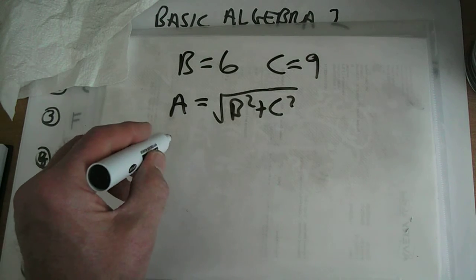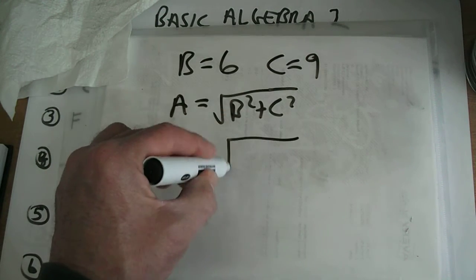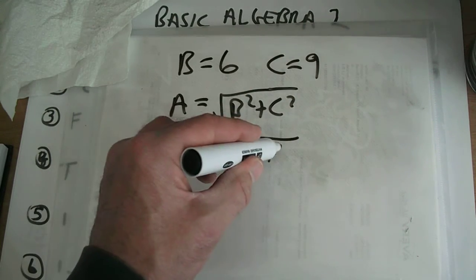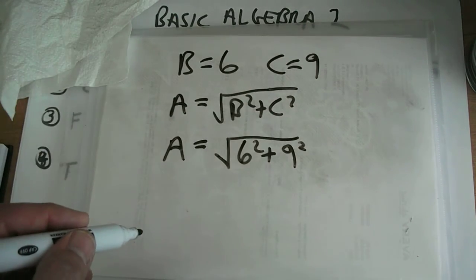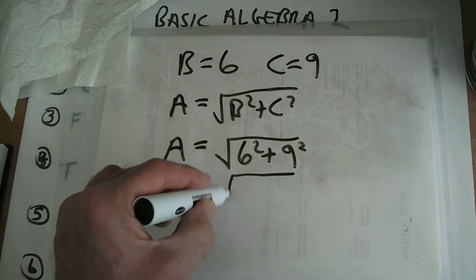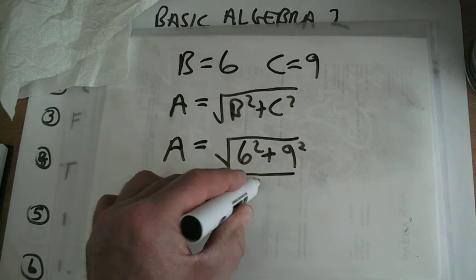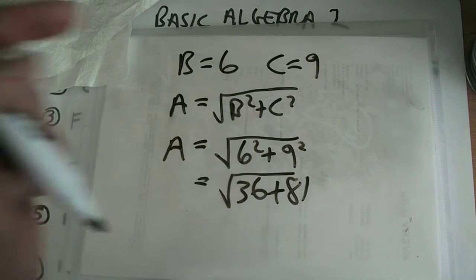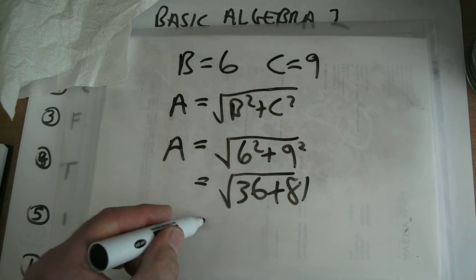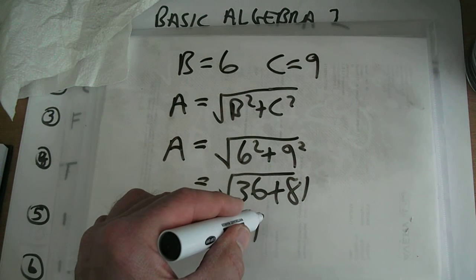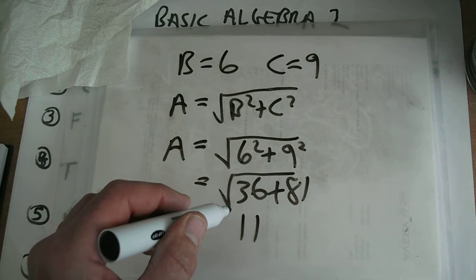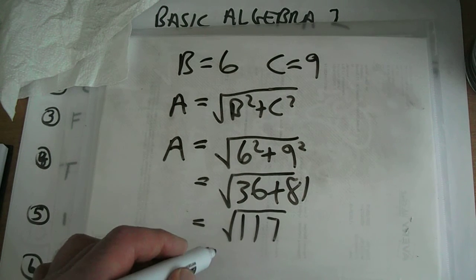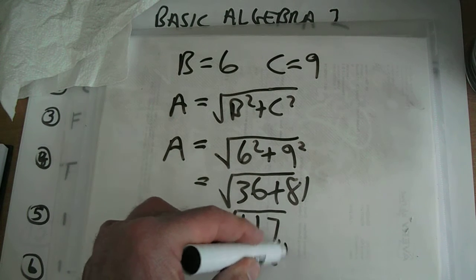So now a equals the square root of b squared, which is 6 squared, plus c squared, which is 9 squared. That comes to 36 plus 81. 6 sixes are 36, 9 nines are 81. That comes to 117. Square root of that, and that comes to 10.81.